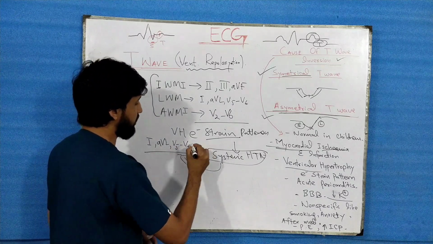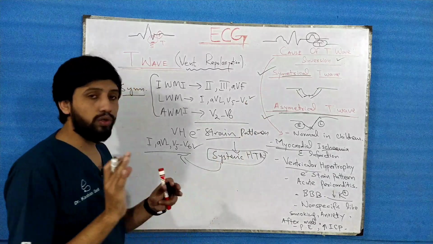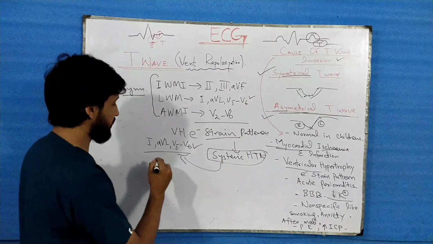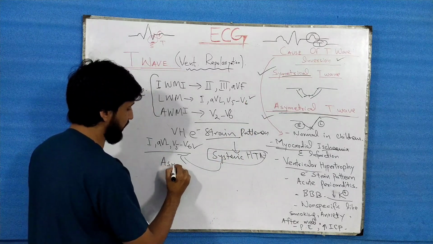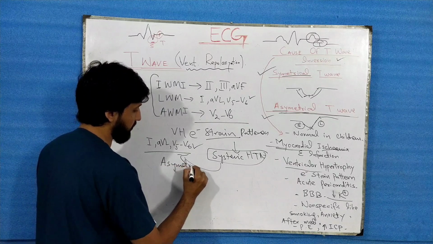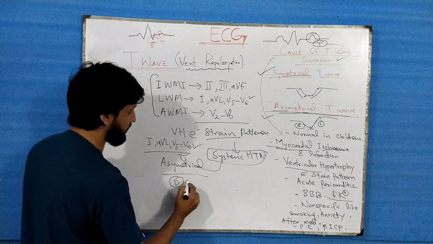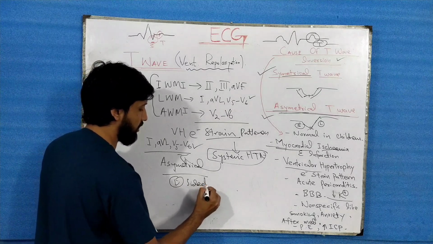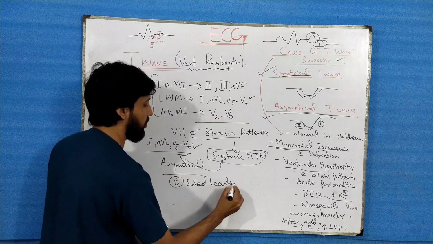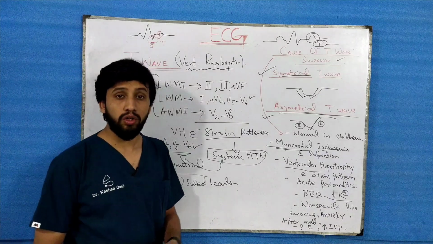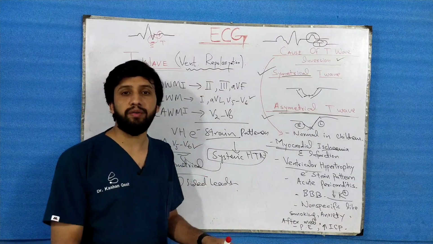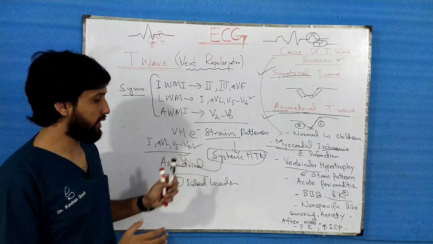These two conditions are the same, but you will notice here that the T wave inversions are asymmetrical. And these are usually seen in left-sided leads on the ECG paper. So this is how you will differentiate between all these clinical conditions.